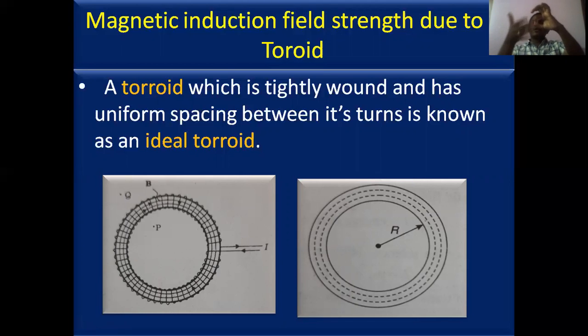In the direction of current flowing in the turns, you hold that conductor using the right hand thumb. Then the direction of the thumb represents the magnetic induction field strength. So if the current is flowing in this direction, then the magnetic lines of force will be along the tangent line direction drawn at that point on the circular path. Therefore, they will be in the anti-clockwise direction.